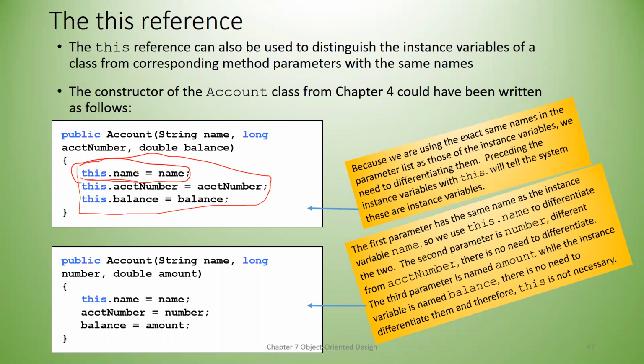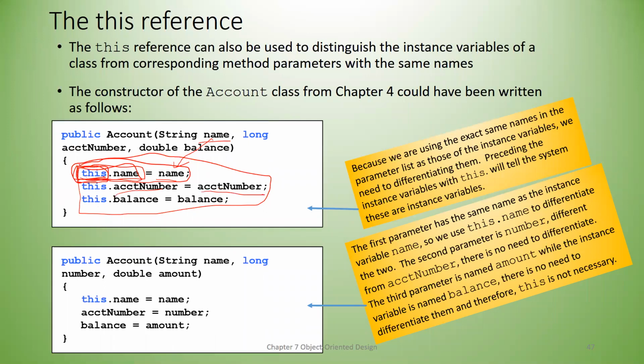Yes, this is the instance variable. This means the current running object. Whichever object is running, it's saying its name. So this references the current object, and this dot name references the instance variable of this class, while this one comes from the parameter.